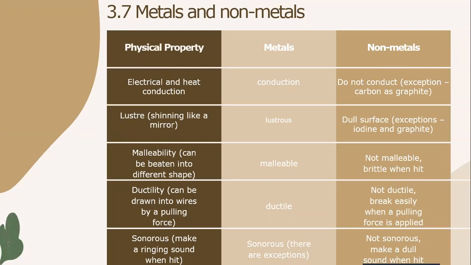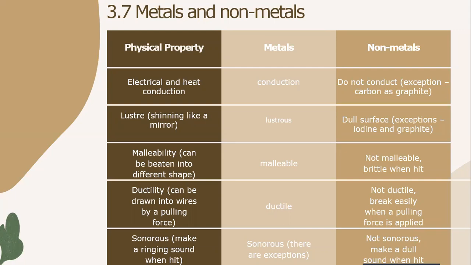This is actually the difference between metals and non-metals, like physical properties, electrical and heat conduction. Metals conduct, but non-metals do not conduct. Okay, this table represents the differences between metals and non-metals. Shining like a mirror: metal is lustrous, and non-metal has a dull surface.